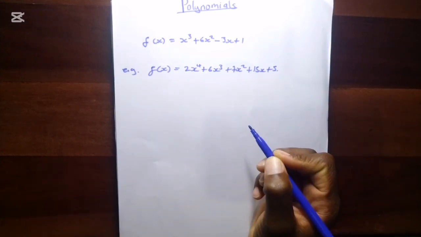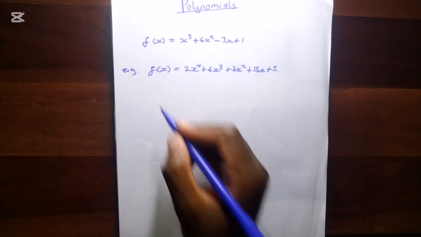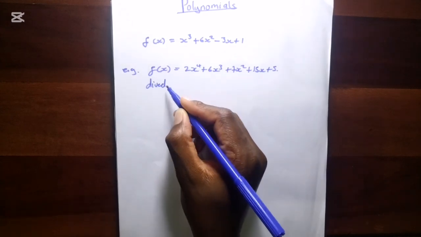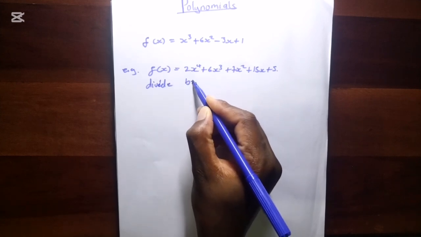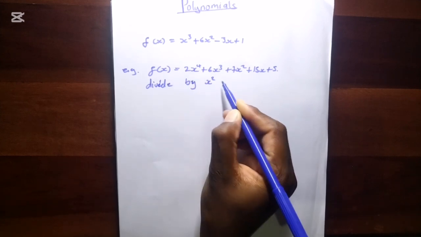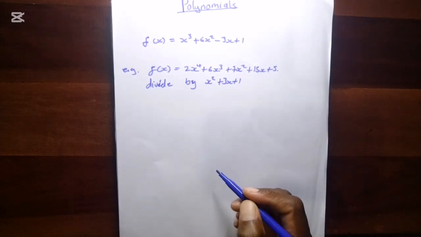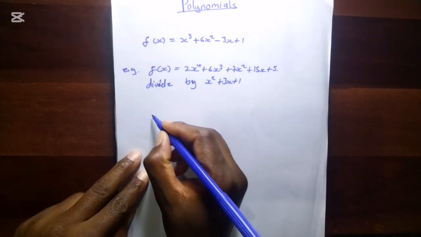Okay, so there is our f of x. So we're going to divide our f of x by x squared plus 3x plus 1. Okay, so we're going to use long division.